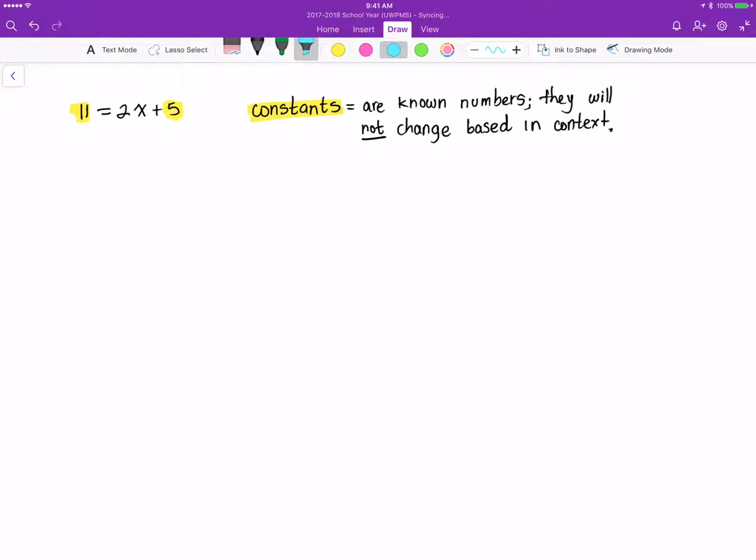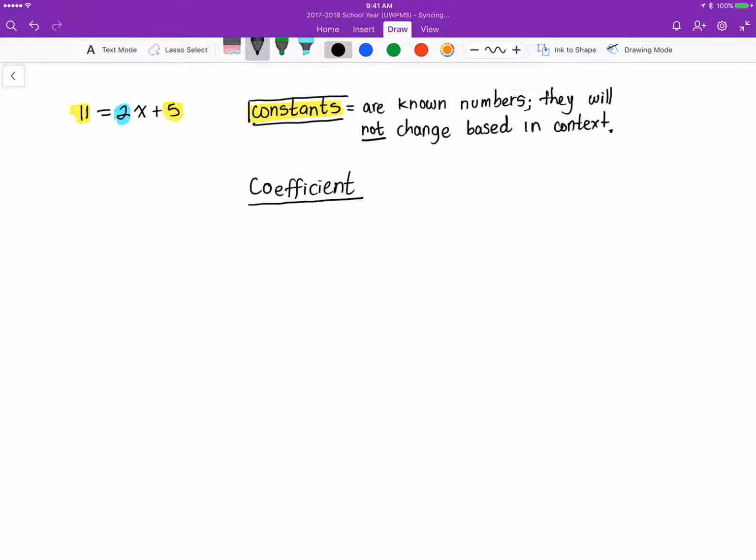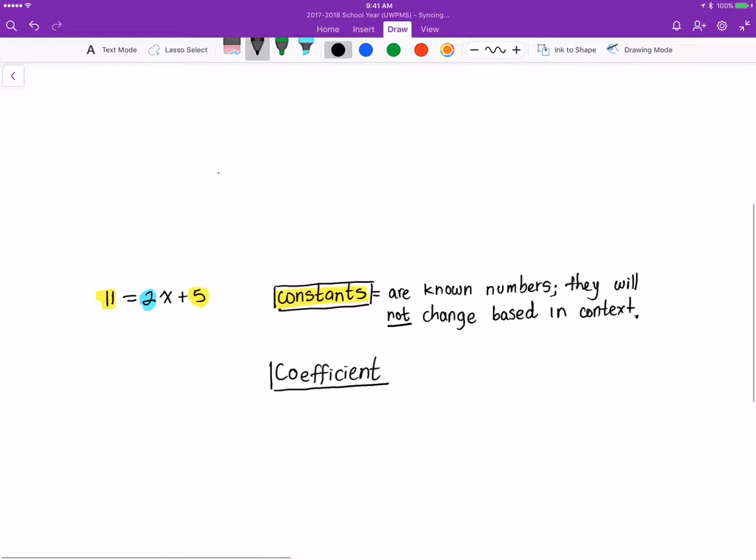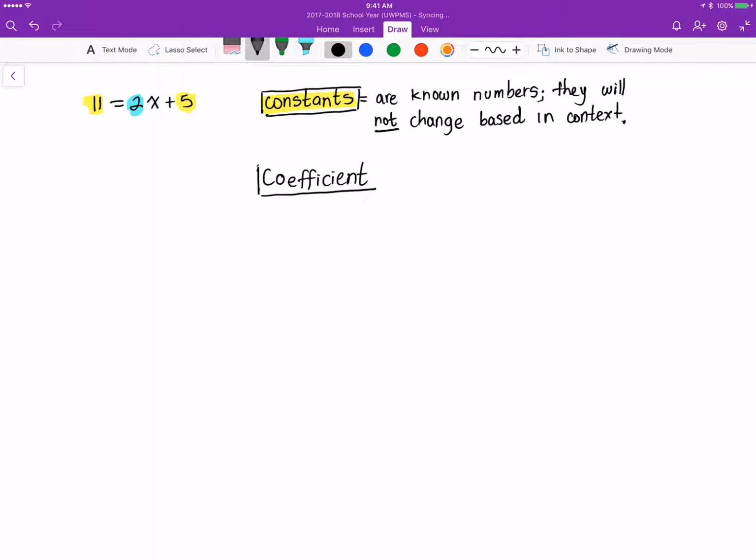You may be drawn to conclude that this little number right here is a constant. However, it is not. This is called a coefficient. It is also a term that you will hear in chemistry, and you probably will hear about it starting in 8th grade, when you learn to balance equations.